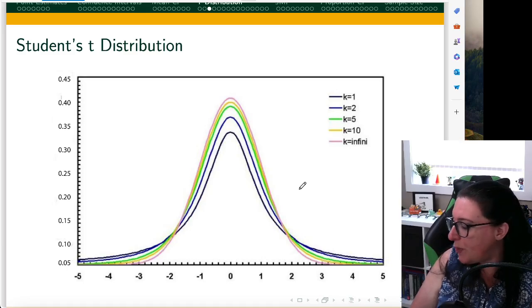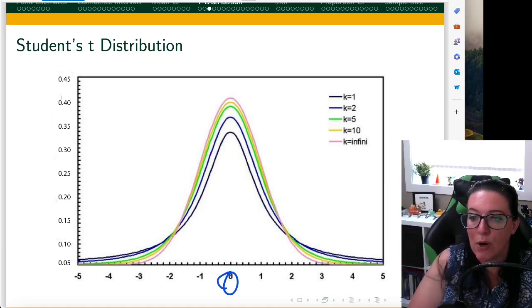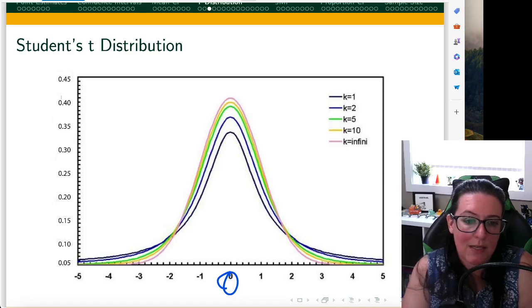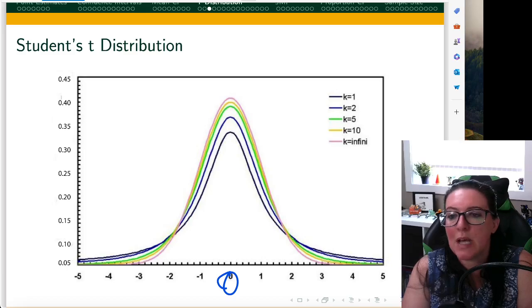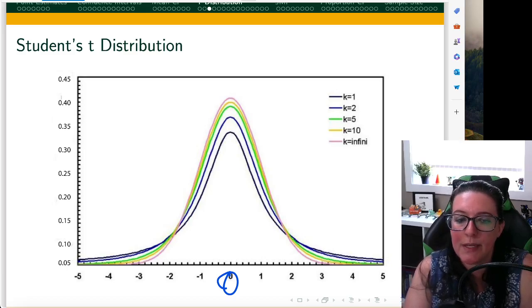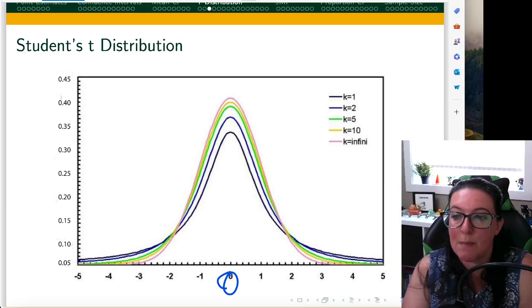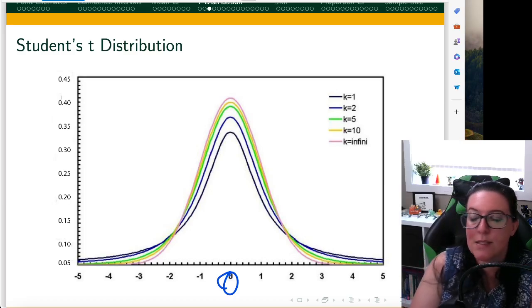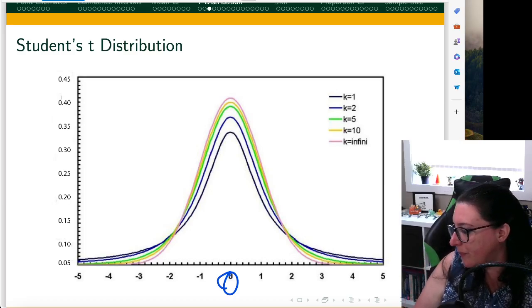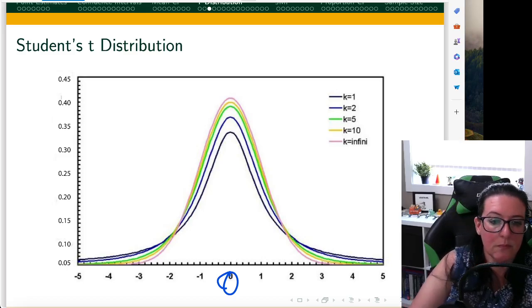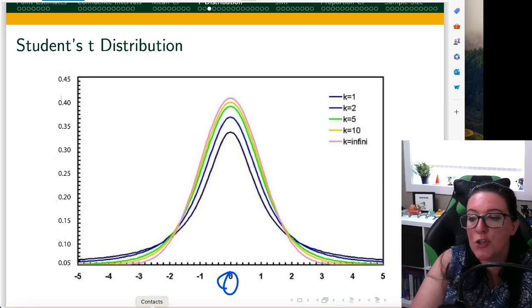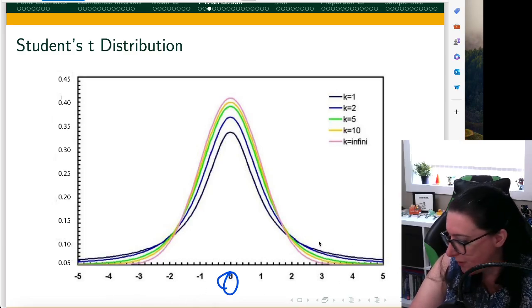All t distributions have a center around 0, similar to the standard normal distribution. But the smaller the sample size, the larger the variability, so the standard deviation is bigger and it's going to be flatter. The larger the sample size, the more it gets to be a normal distribution.